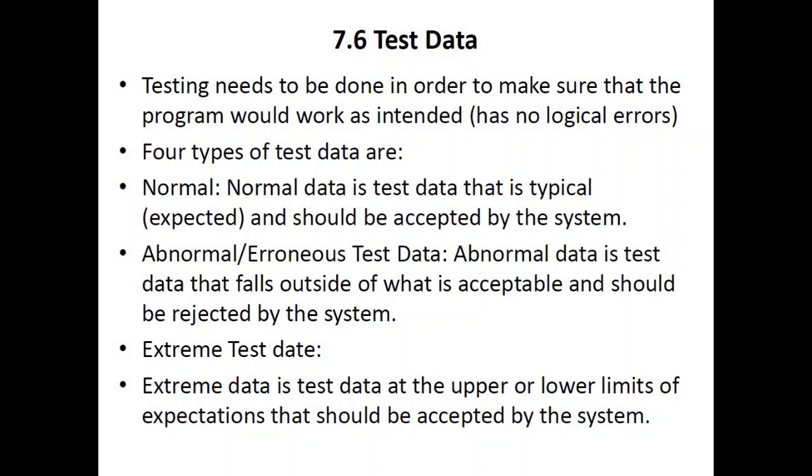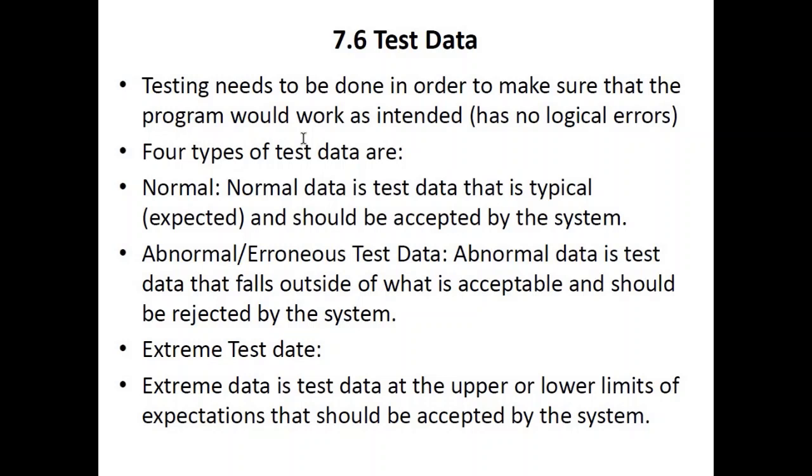The first one is the normal test data or the normal data, and normal data is test data that is typical or that is accepted, and it should be accepted by the system. Next we have abnormal or erroneous test data.